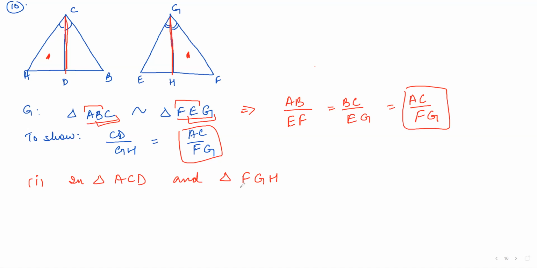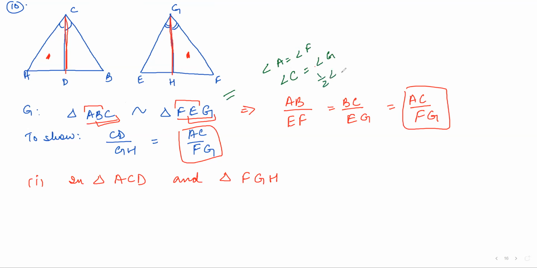Okay. Now, what do I have here? Because it was given that they are similar, that implies that angle A is equal to angle F, right? Yes. From the terminology, I can say angle A is equal to angle F. And I can also say that angle C is equal to angle G, right?